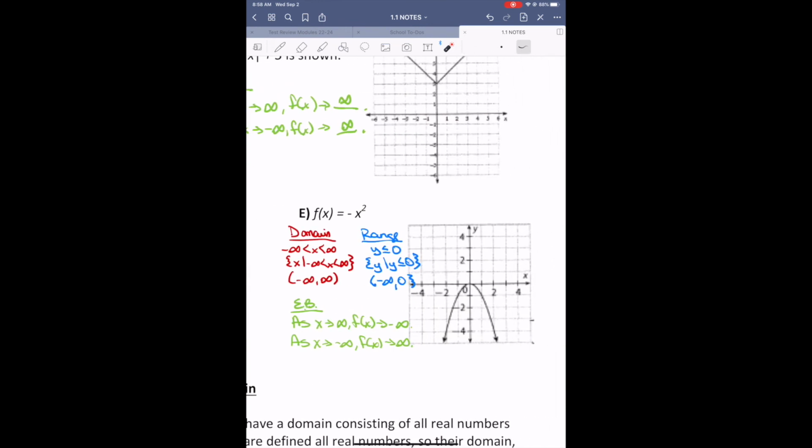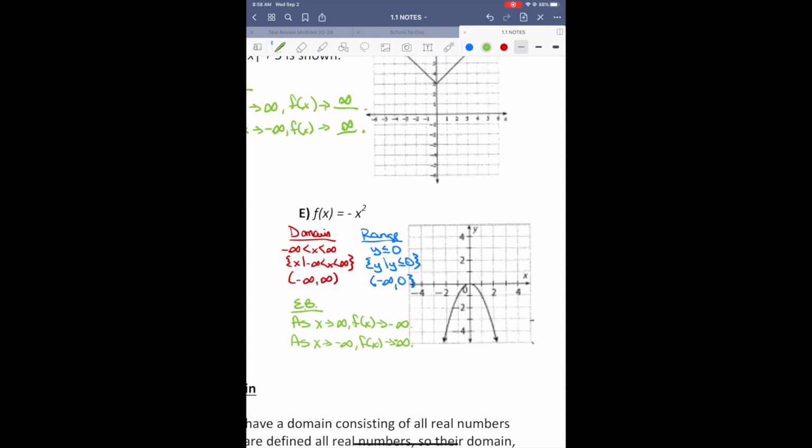E, we had a parabola. Domain is infinite. There's nothing restricting it from growing left and right. Range, in this case, our parabola opens downward, so the range does start at 0 and extends down. So y is less than or equal to 0.